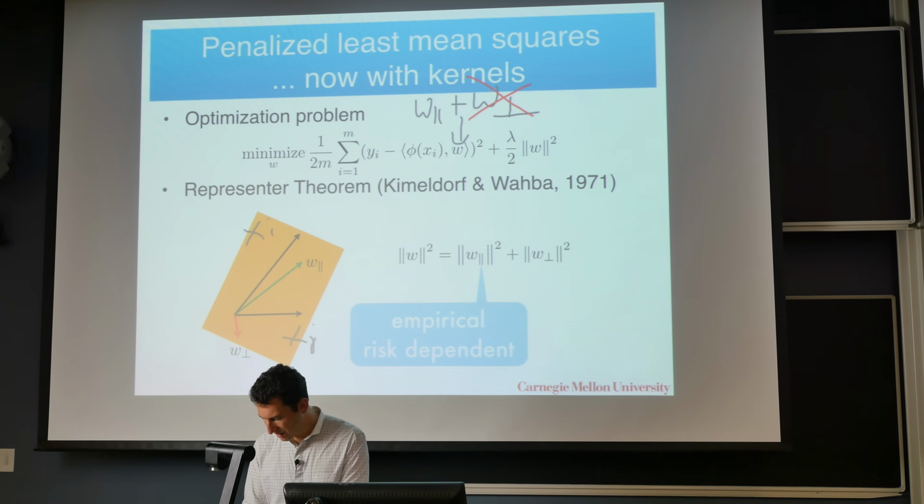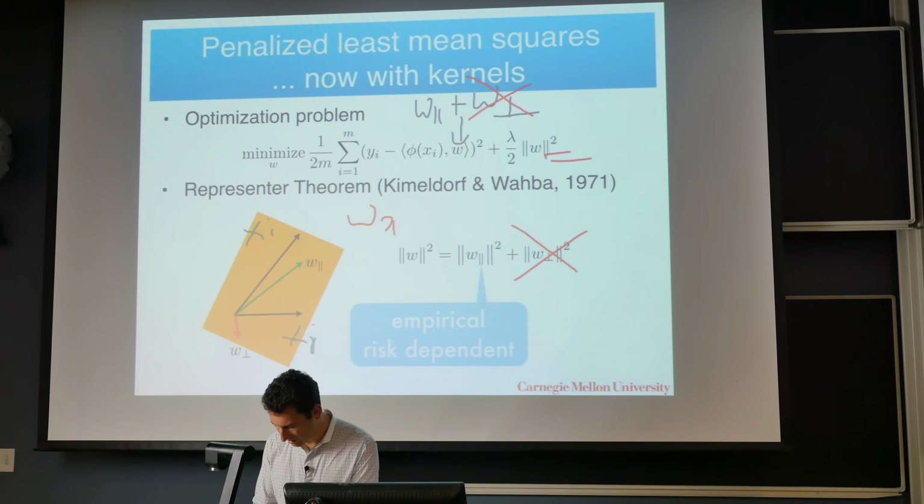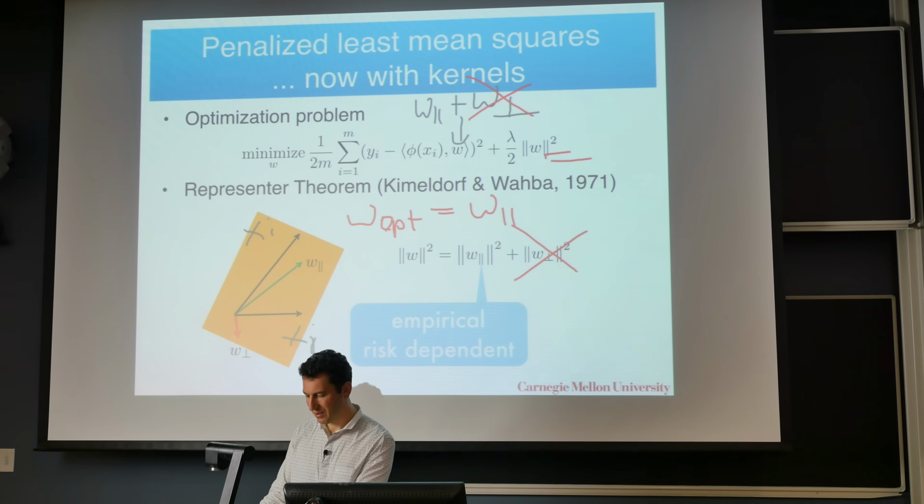Furthermore, the W squared here also decomposes into W parallel plus W orthogonal. And since I want to minimize things, again, I can get rid of this. So therefore, what I get is that W optimal equals W parallel. And that is the representer theorem.